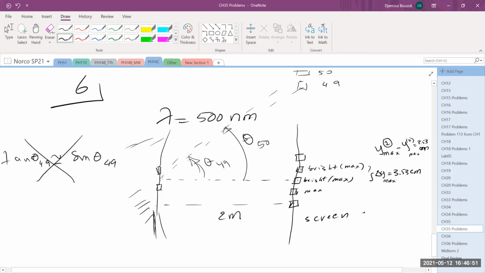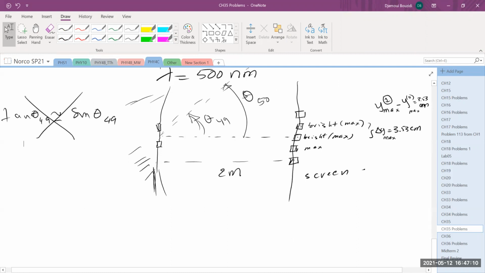This is not correct because 49 is a big number, most likely, okay? So I have to be careful in here. So this approximation is not going to work for us. But it's going to work for the immediate neighborhood near the bright. So for 1 and 2, it's going to be fine. And we know what that is.